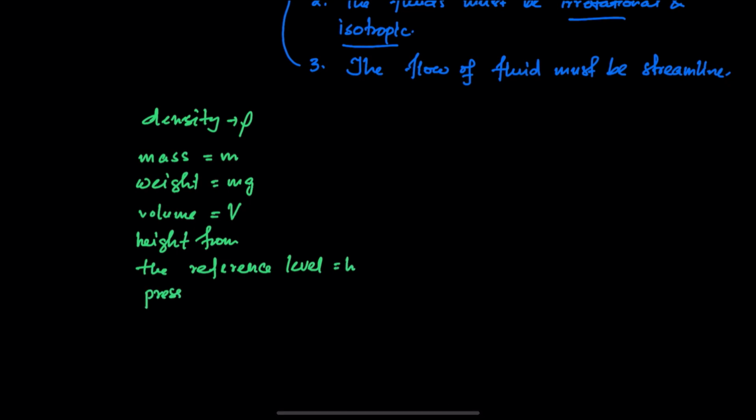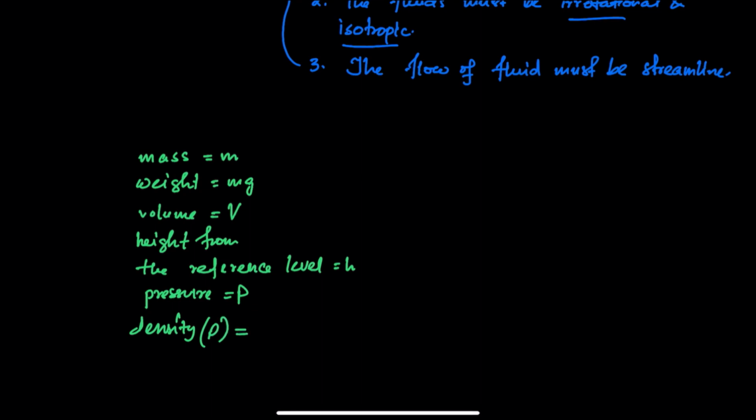The pressure at a particular point is P. And the density rho can be written as small m by capital V, mass upon volume.